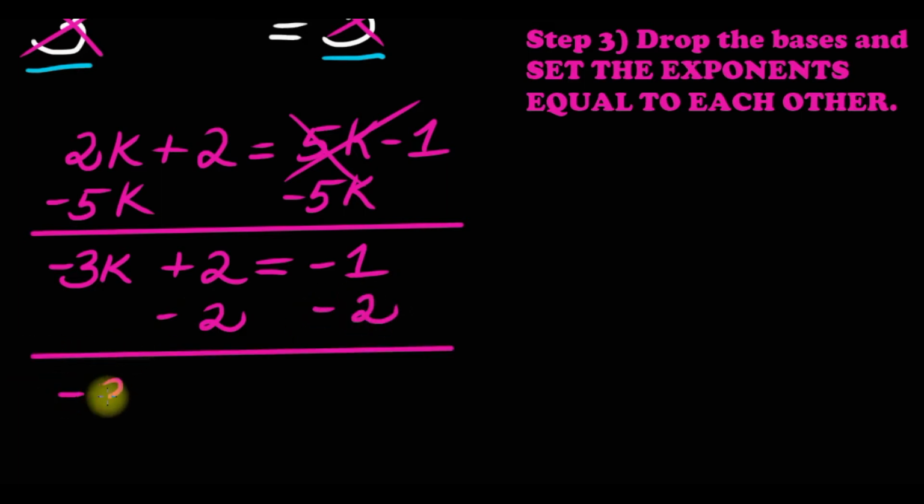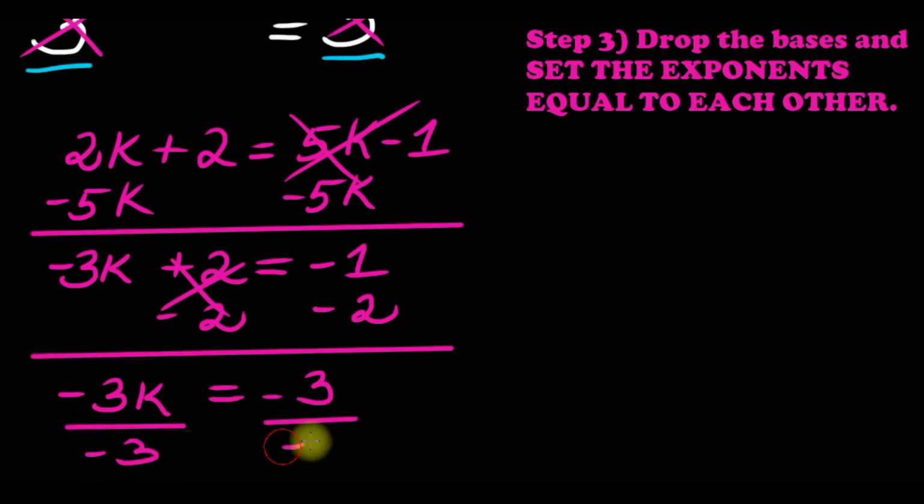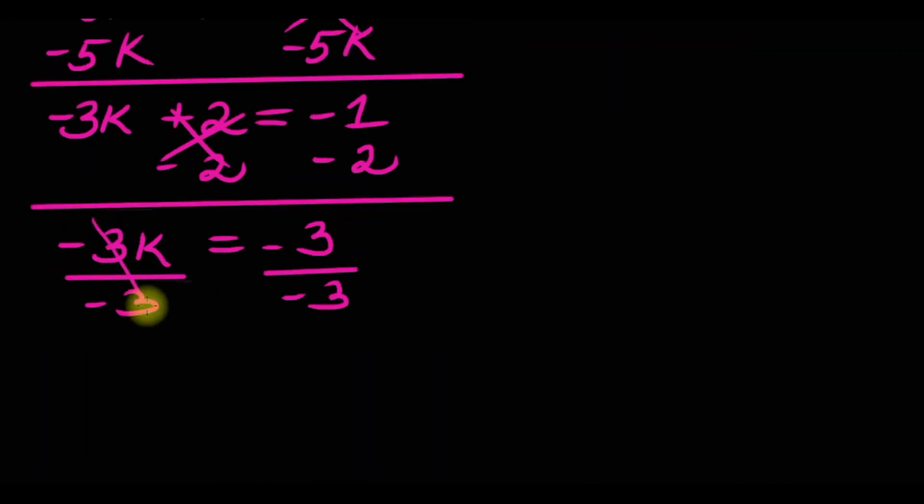So bring down the negative 3k, and these are gone. Equals negative 3. And then divide by negative 3, divide by negative 3. We'll cancel negative 3. You're left with k. And then negative 3 over negative 3 is a positive 1. So k is a positive 1.